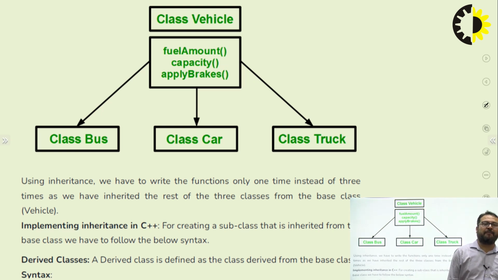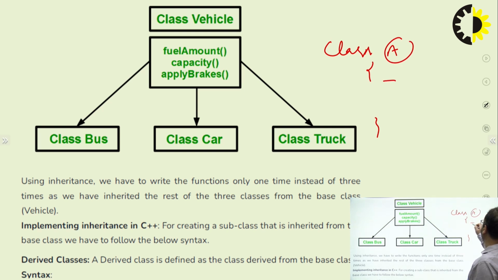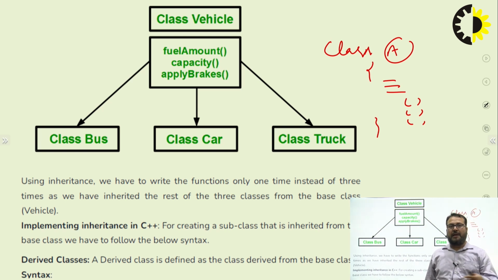We simply write the keyword class and the name of the class, and whatever data you want to include, it could be public, private or protected, and whatever functions you require to access these variables, we could create. So how could we create a subclass or derived class in C++?